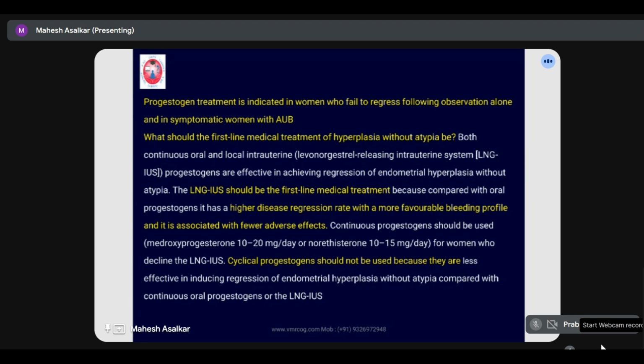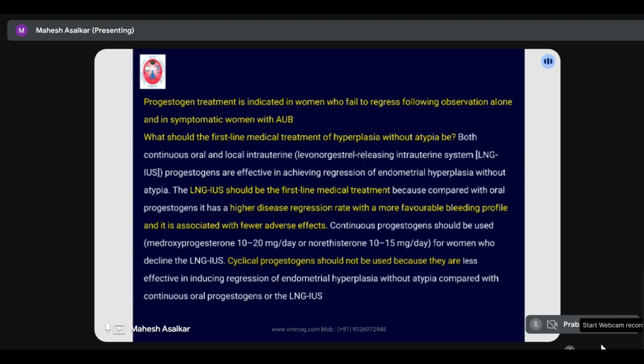See, LNG-IUS is the first line treatment which is recommended for endometrial hyperplasia without atypia. Remember, the first line treatment in cases of endometrial hyperplasia without atypia is the LNG-IUS.